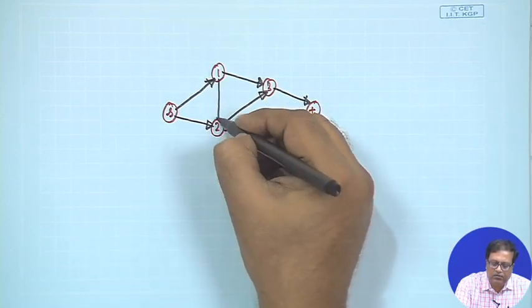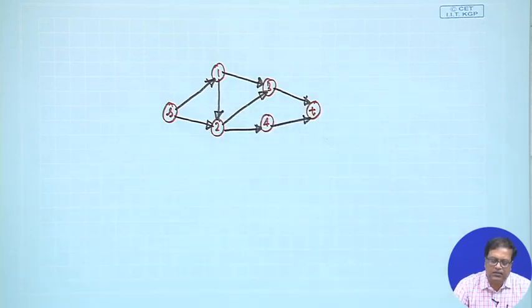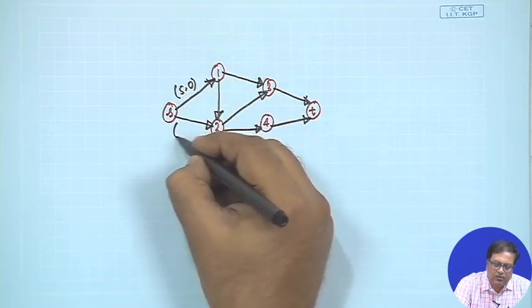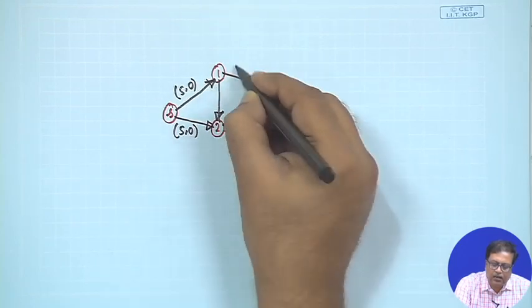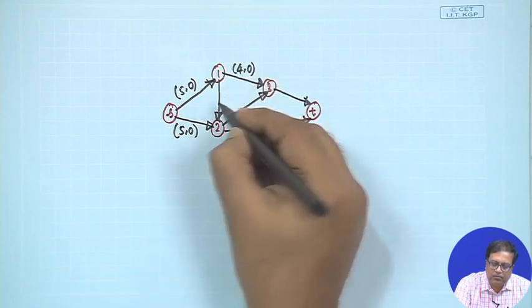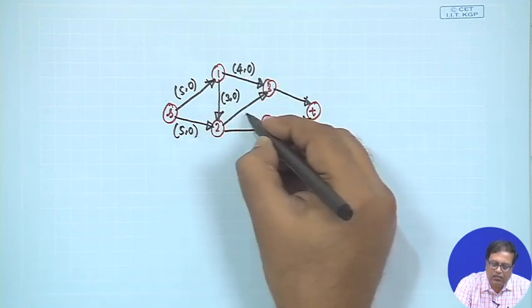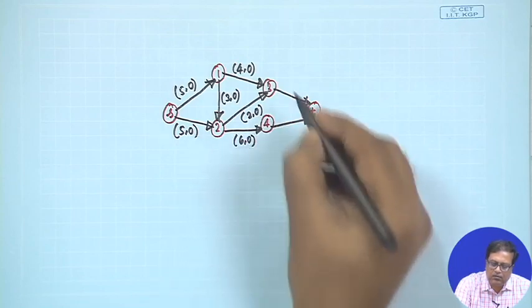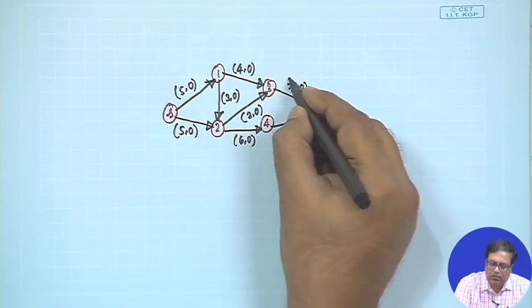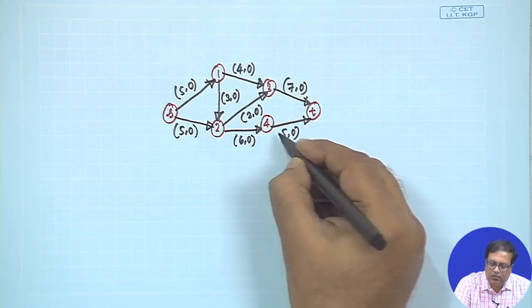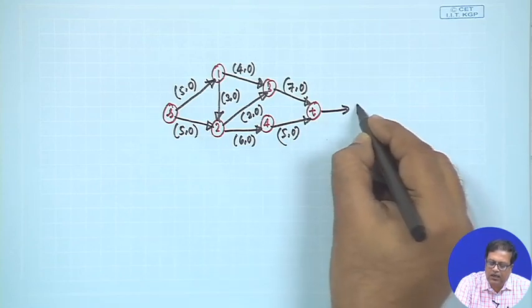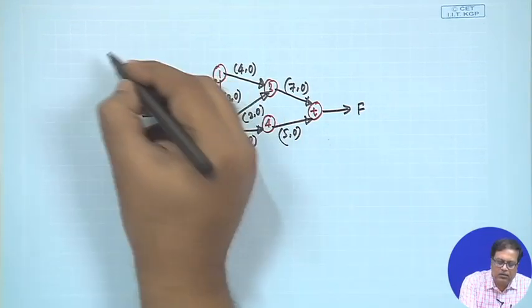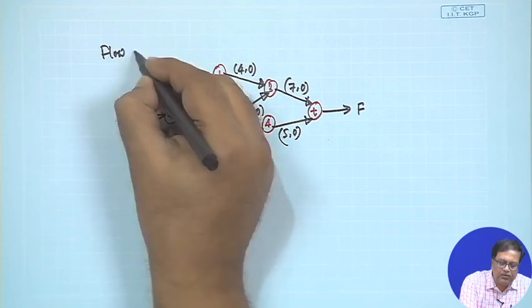Alright, and 1 to 2 is also possible. Just take only this much network, and let us say we have the capacities 50, 50, 40, 30, 20, 60, 70 and 50. Just imagine a flow F that is going out and F that is coming in. So, let us consider this flow network.